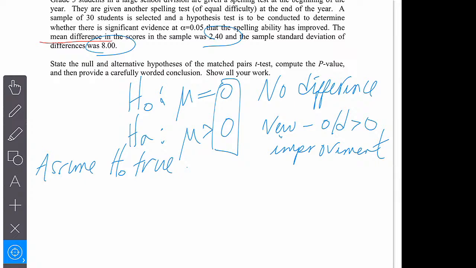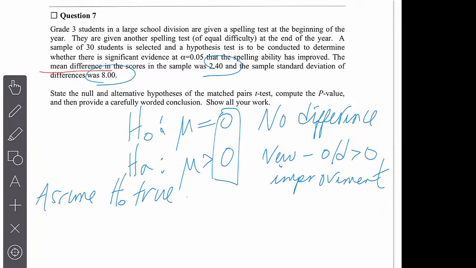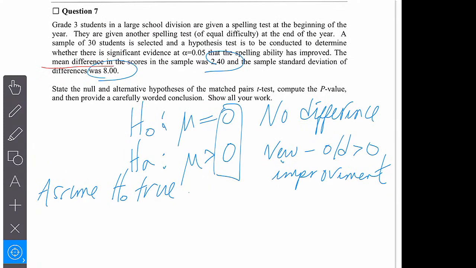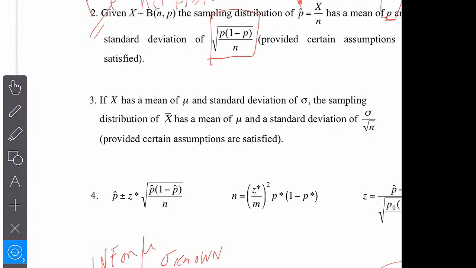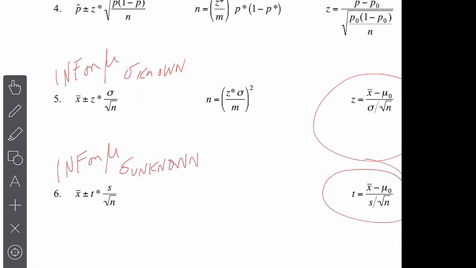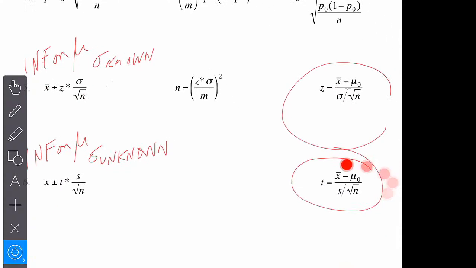Since you don't have any other information about the population, again, this forces you to use the formula in row 6, this one here, for the t distribution. So we don't have any other information.